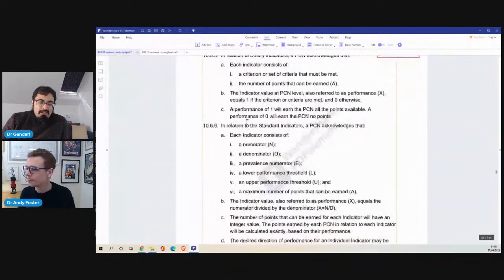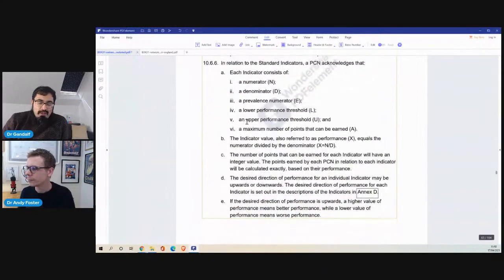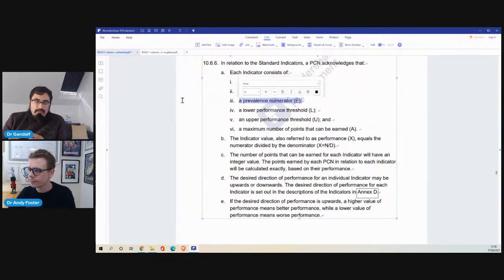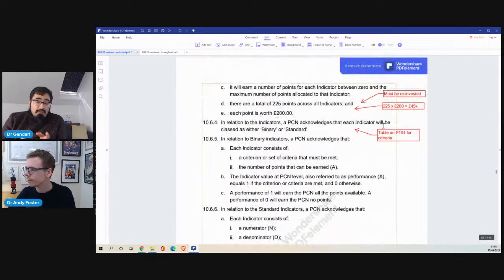And the reason I think this is confusing is that I've heard some people say this can significantly impact the amount of funding you are eligible for. If you go on the basis of 225 points at £200 per point, that's £45,000 available to each network, irrespective of its size. But then I've heard some people saying their IIF funds are potentially £100,000 based off the prevalence adjustments that come into play. And I just can't work it out, to be honest.